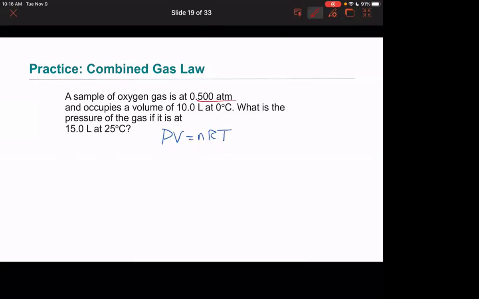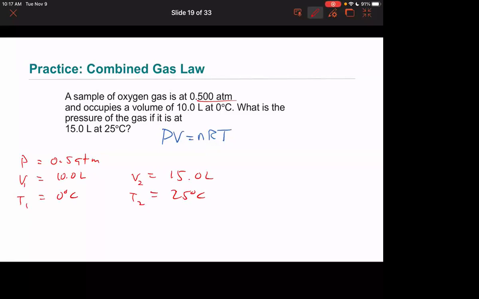I've got a pressure equal to 0.5 atmospheres, a volume equal to 10 liters, and a temperature equal to 0 degrees C. But then I've got another volume equal to 15 liters and another temperature equal to 25 degrees C. So effectively, I've got a V1, T1 and a V2, T2.